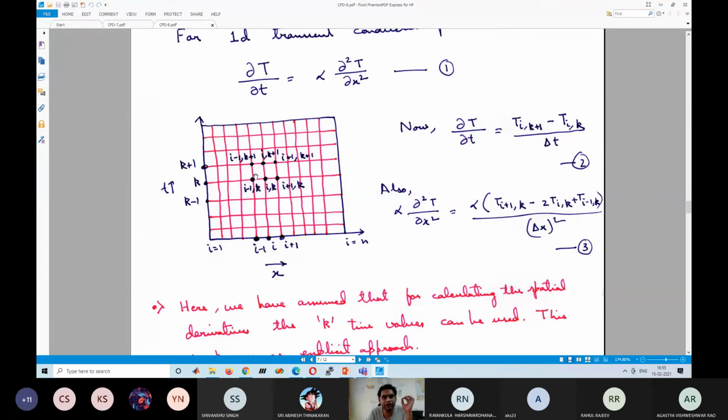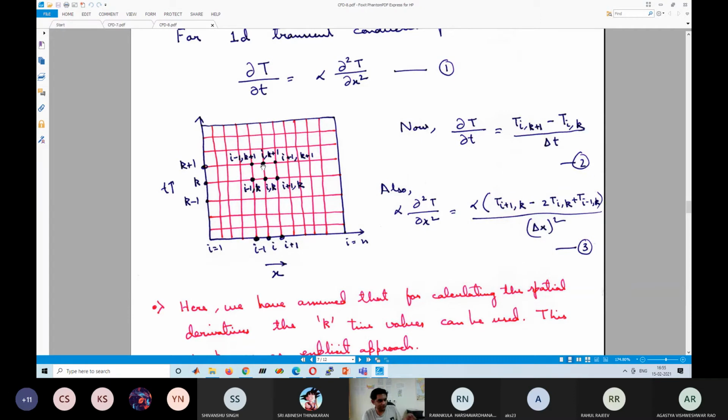Say you know the value at time t equal to 10 seconds. You know all the values in the rod at 10 seconds. Now you want to find the value at all the points at t equal to 11 seconds.